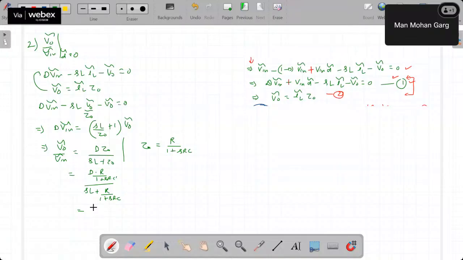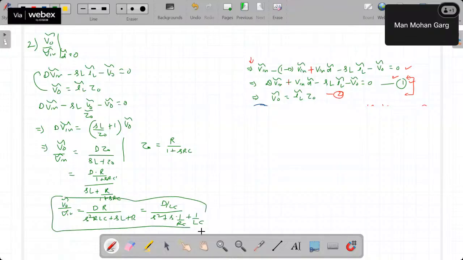SRC will cancel out, so it will be D into R, over S square RLC plus SL plus R. Dividing both sides by RLC, D upon LC, then S square plus S into 1 upon RC plus 1 upon LC. So this is what V naught upon V in is. Okay, so that way we can get the transfer function using this particular technique.